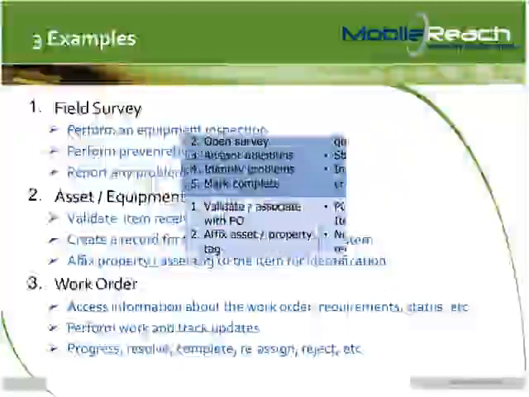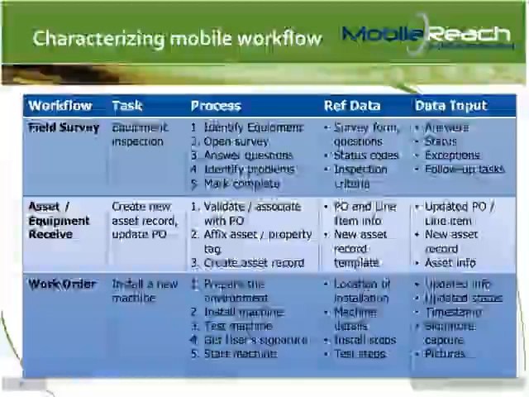And here's a chart that kind of breaks those examples up into tasks. So you see each of the different workflows, the survey, the asset received, the work order, there's a task or a goal associated with each one of those. And there's a process. So for example, with the field survey, you want to identify the equipment so you can open the correct survey, answer the questions about that item, identify any problems that may have been a result of the answers to those questions, and then complete the survey.